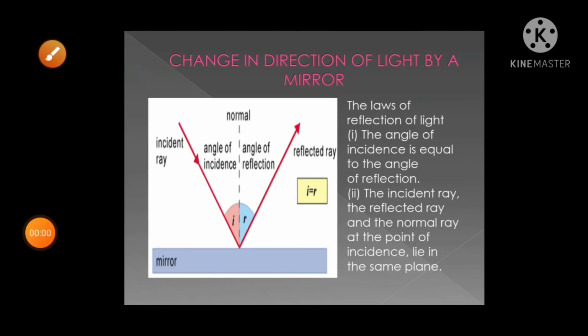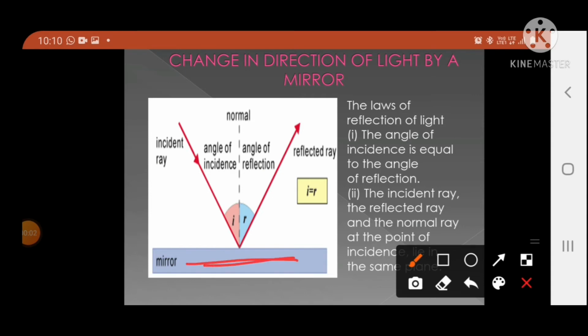So now we know that a mirror changes the direction of light that falls on it. The light falling on the mirror is called the incident ray. This is the reflected ray, which bounces back and changes direction, and this is the normal. The angle between the normal and the incident ray is the angle of incidence.